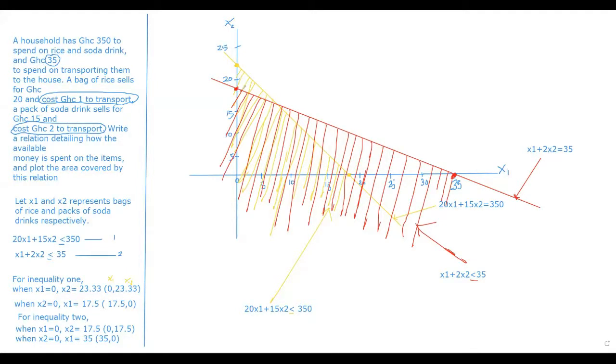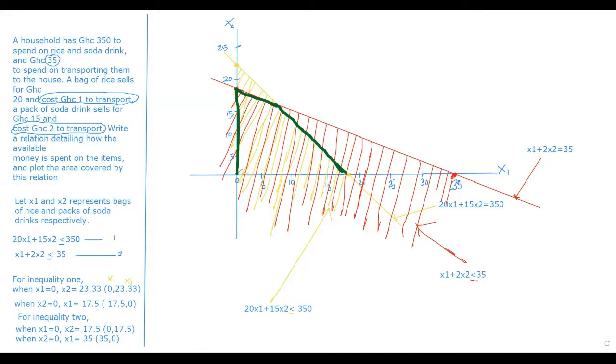So the red line was from this part to here, from here to this part, because here you cannot see any red line there. So we are going to shade up to this part too, because here too you are not seeing any yellow line there, right? So you shade up to this part.